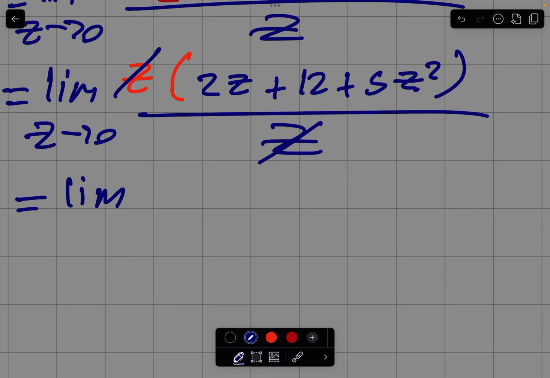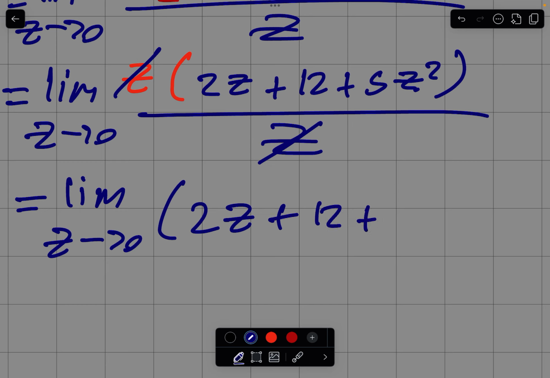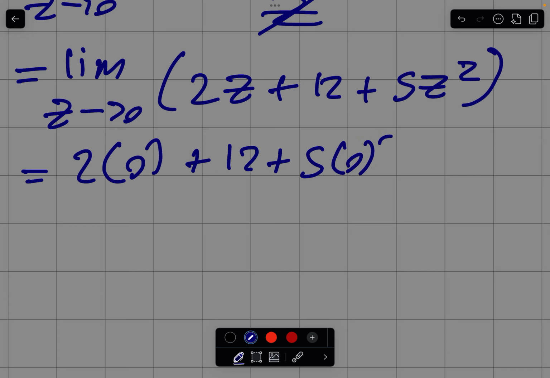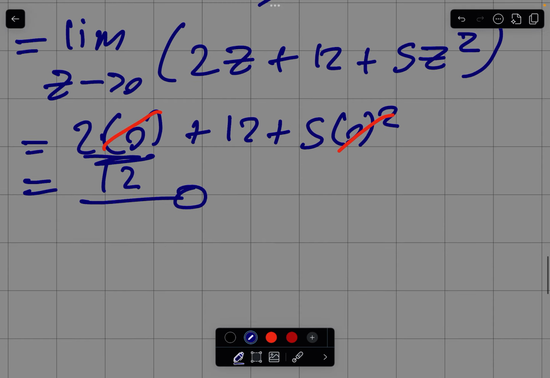Therefore, it will remain with the limit as z approaches 0 of 2z plus 12 plus 5z squared. Therefore, you're going to substitute 0 here. You're going to have 2 times 0 plus 12 plus 5 times 0 squared. Any number multiplied by 0 is 0, so the answer is 12.